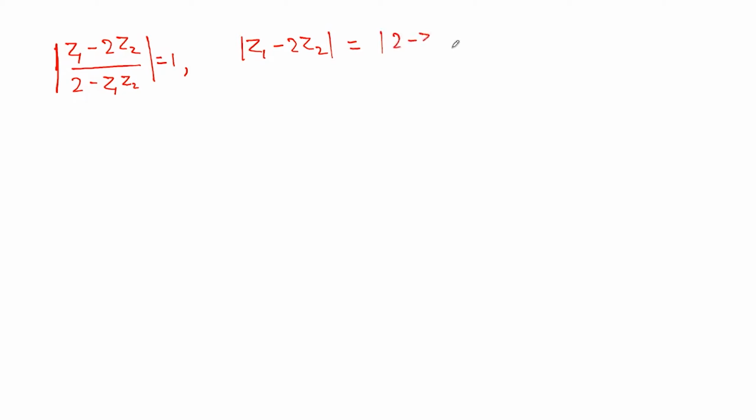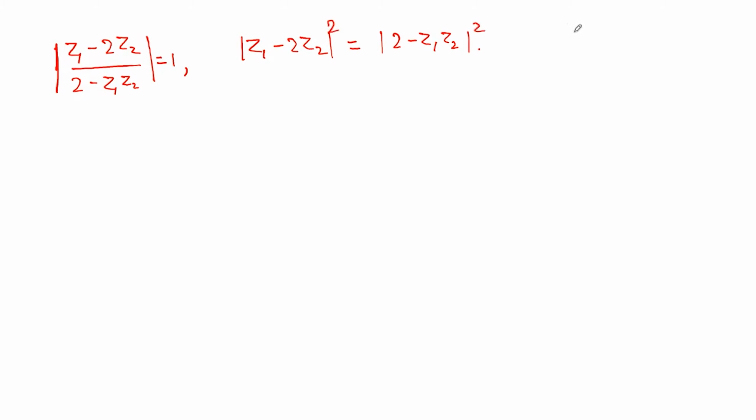So modulus of (z1 minus 2z2) upon (2 minus z1 z2 bar) mod is equal to 1. So mod of z1 minus 2z2 is equal to mod of 2 minus z1 z2 bar, right? Squaring both sides, right?